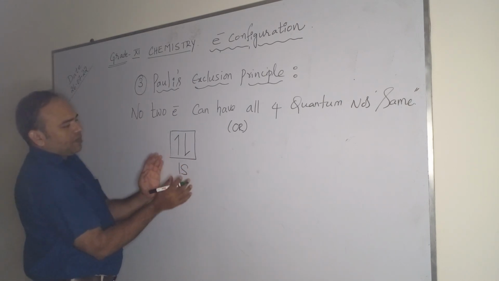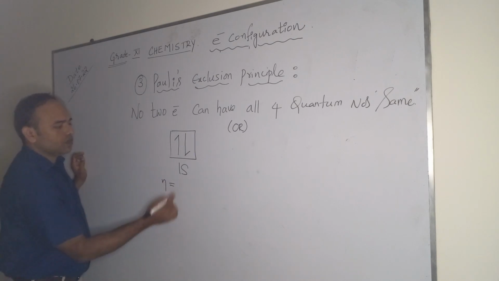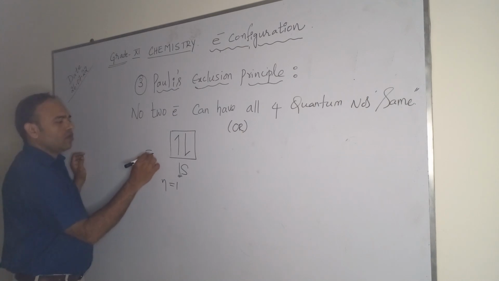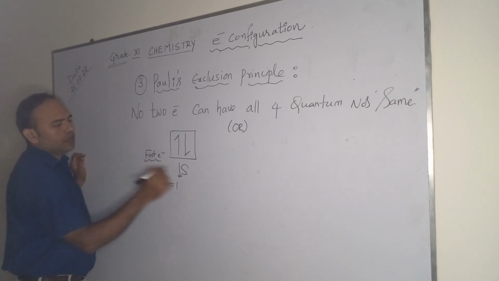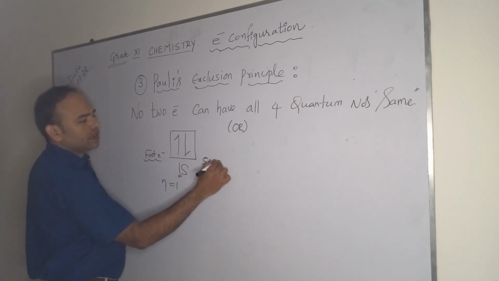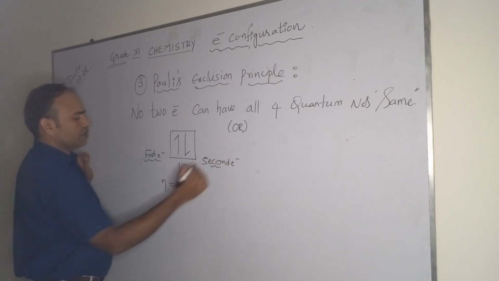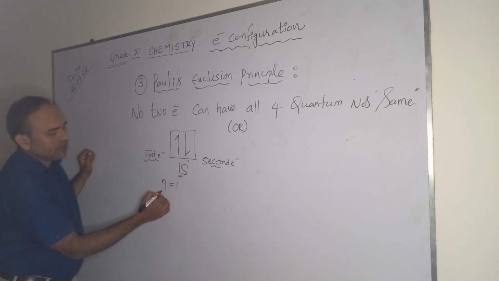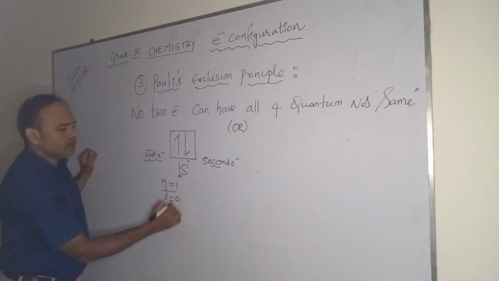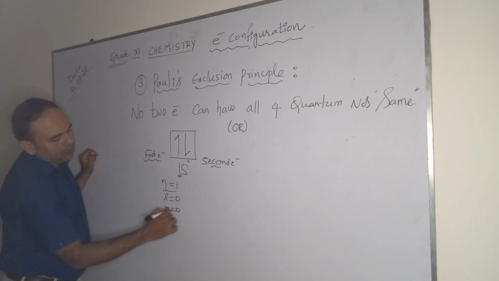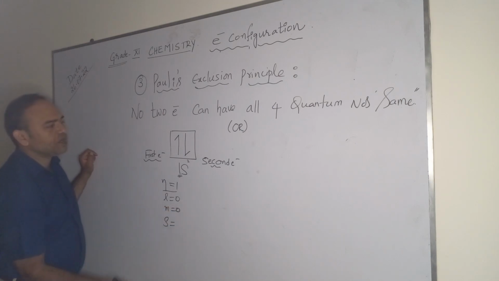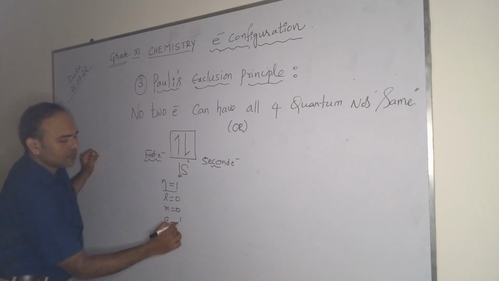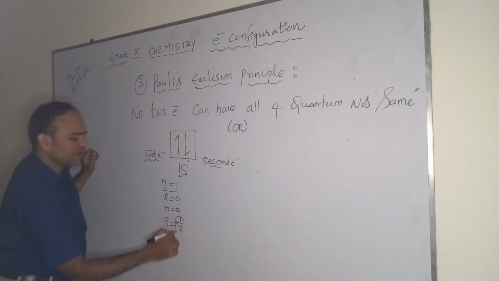That means, if you write n, l, m, s, n is equal to 1, I'm talking about the first electron. This is the second electron. Now, if you consider 1s2 here, in the first one, n is equal to 1, l is equal to 0, m is equal to 0, and what is the spin? Just now I wrote, if you write an arrow mark upwards, the value will be plus half.